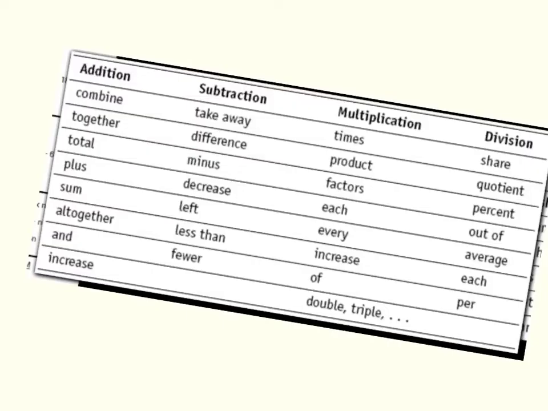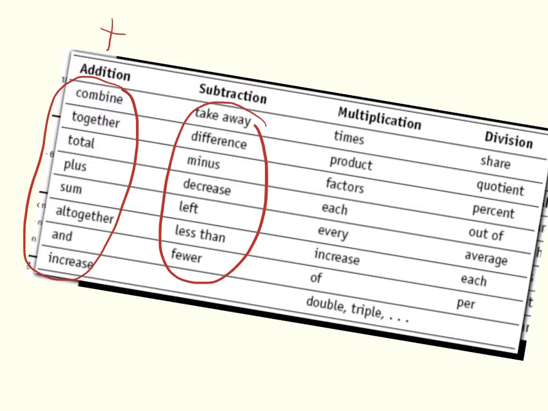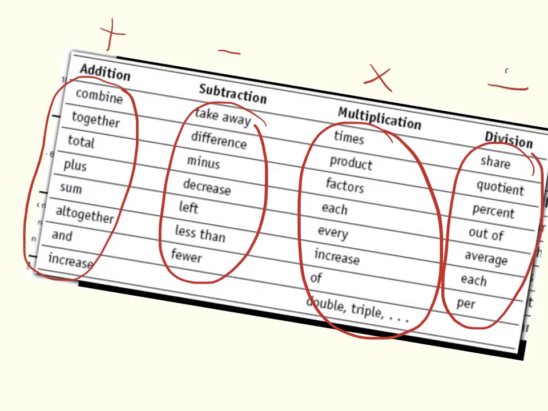With these expressions, we need to know some keywords. If we take a look at this chart, here are some keywords when we're talking about addition, subtraction, multiplication, and finally division.